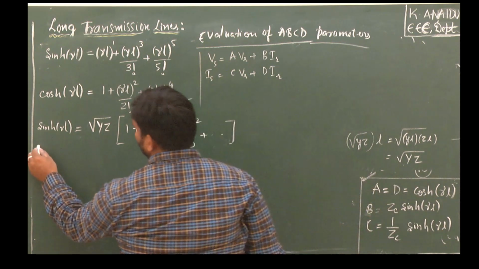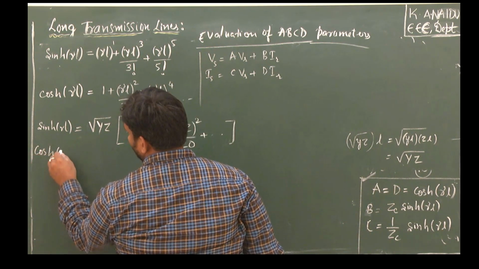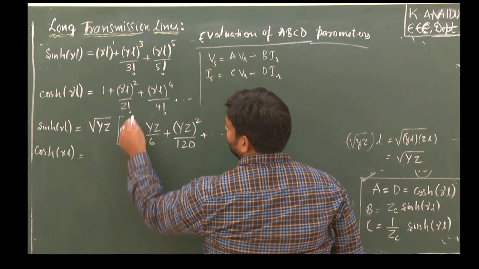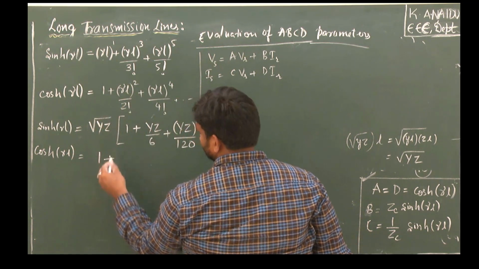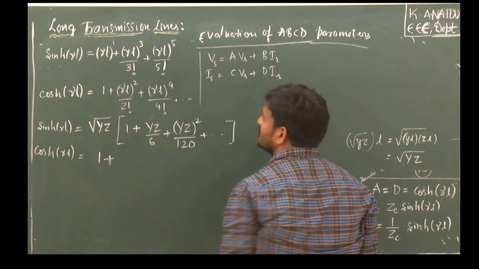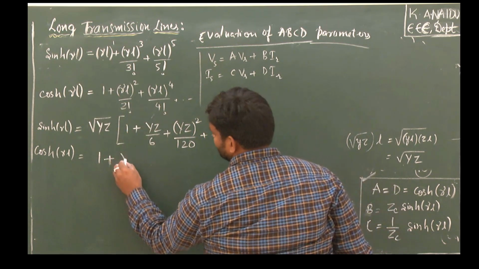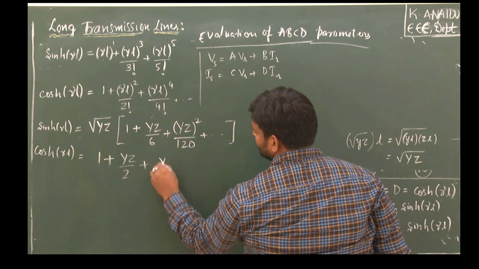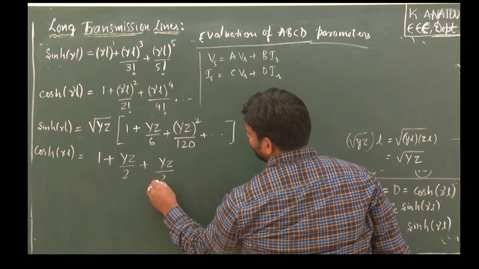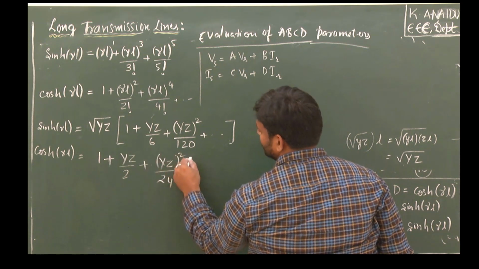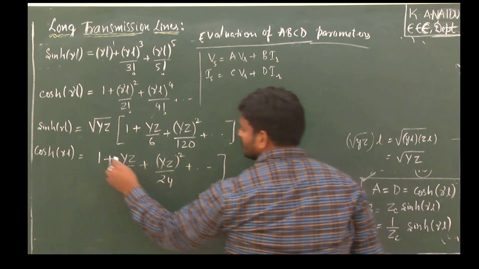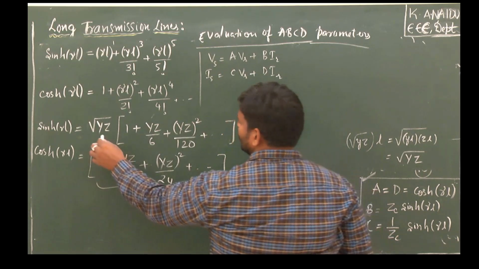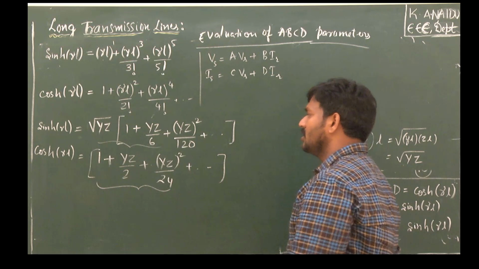Similarly, cosh of gamma L, you can write it as 1 plus, what is gamma L whole square? yz by 2 plus yz by 24 whole square plus so on. Okay. So you can take up to 2 or 3 terms to get accurate result. No need to calculate all the total results.